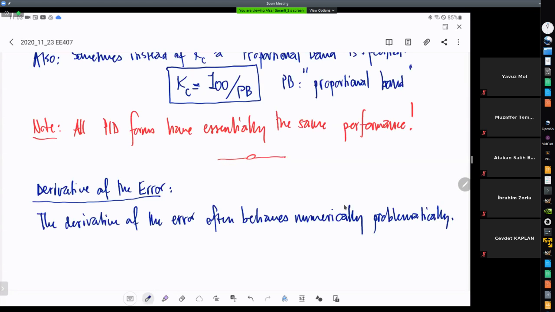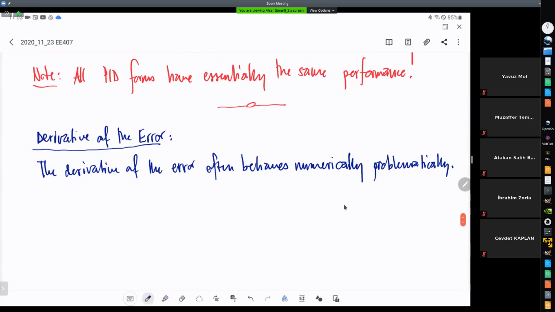What I mean by that is that when you take the derivative of the error, let me give you an example.